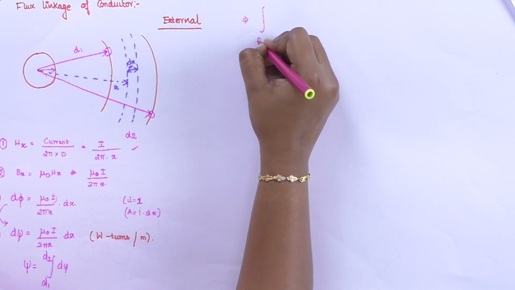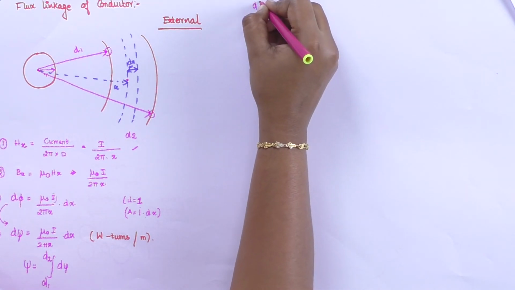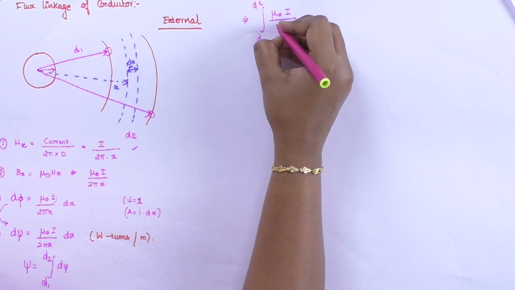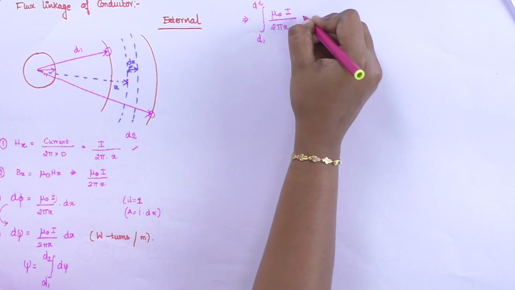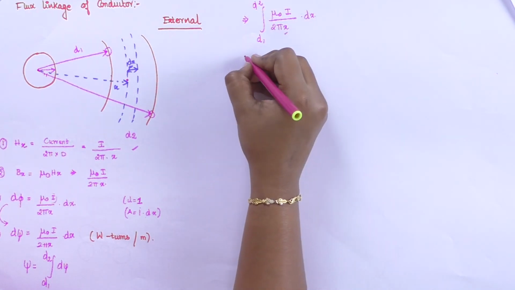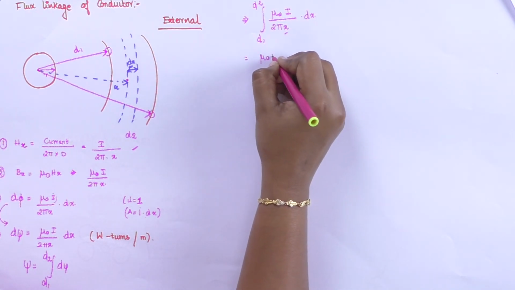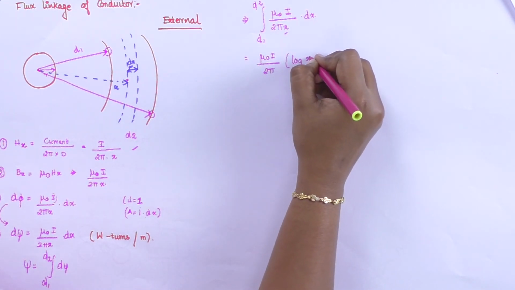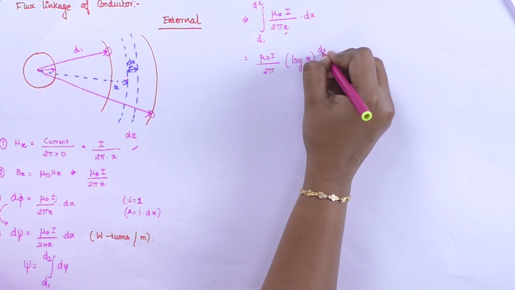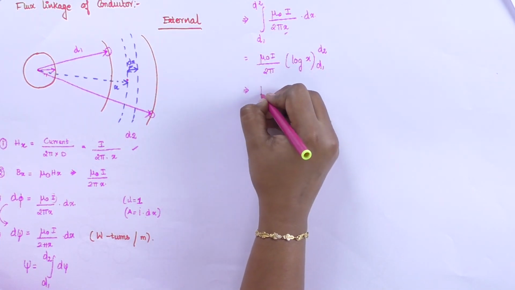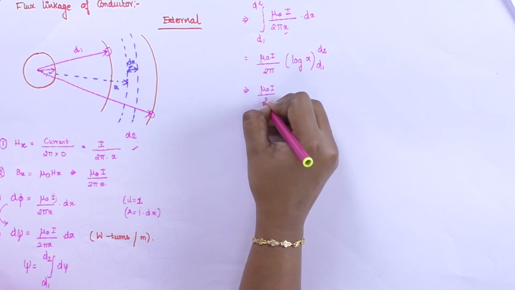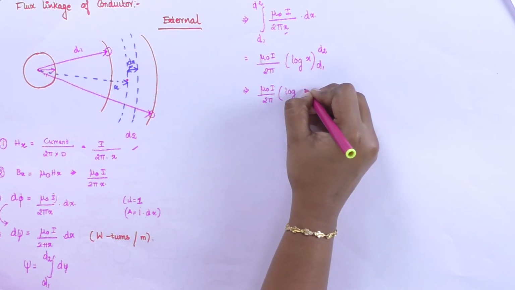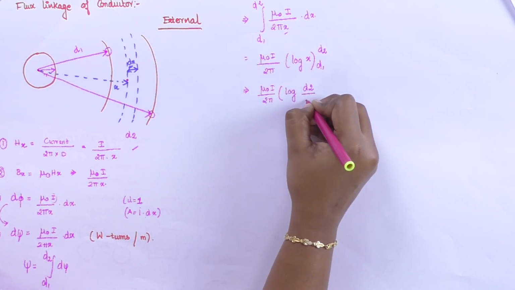Therefore with the limits of d1 and d2, the d psi value is mu naught I divided by 2 pi x into dx. So for the x term, mu naught I divided by 2 pi, 1 by x becomes log of x with the limits of d1 and d2. When the log is in minus, we will write it as a division term. So 1 by 2 into what is the term? Log of d2 divided by d1.